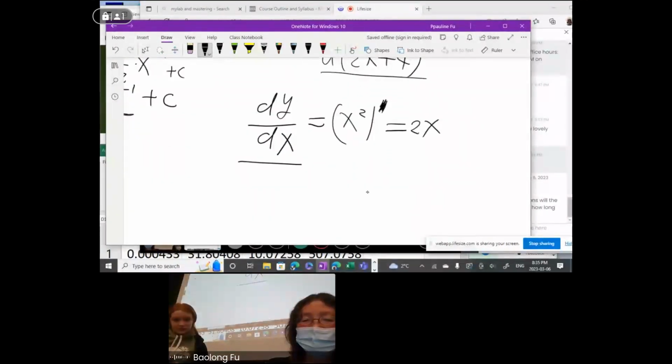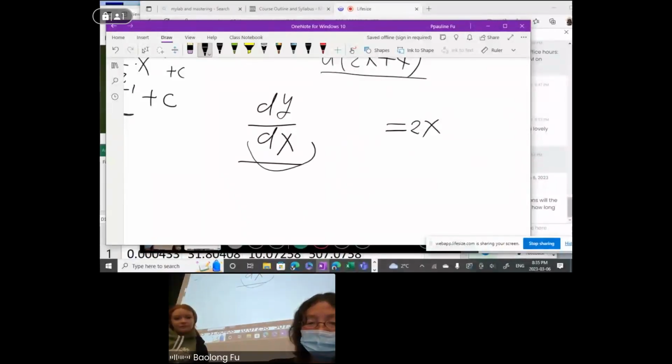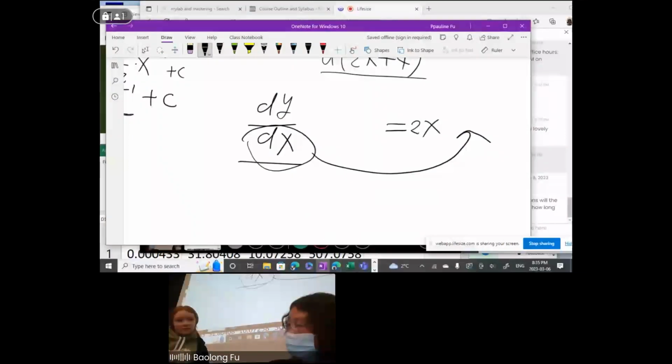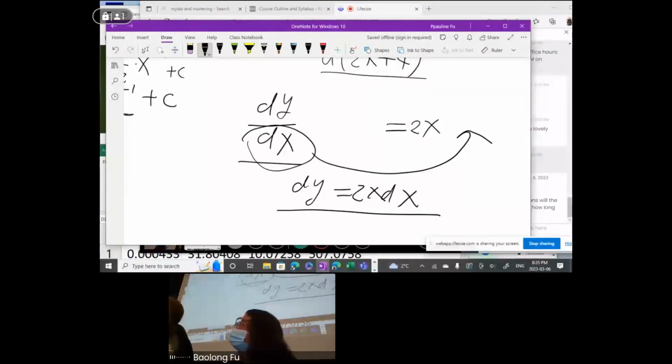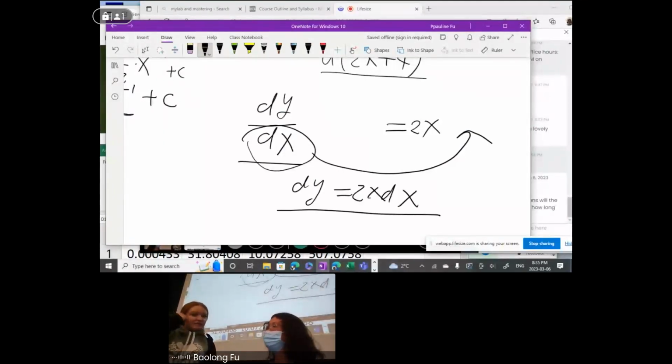So if I delete this one, do you see dy/dx equals 2x? Then I move this dx to the right-hand side, and I get dy equals 2x dx. And that's how you get this. Oh, because this is technically du over dx. Yeah, it's similar. So to get du, you have to bring the dx over to the other side. Okay, that makes sense.